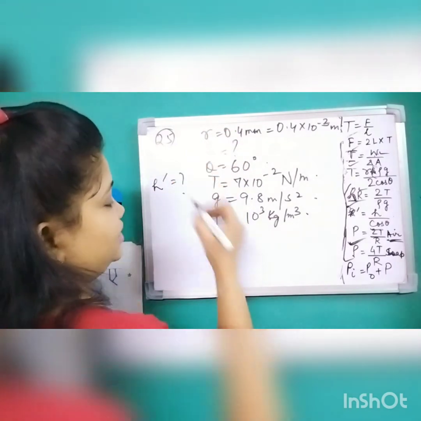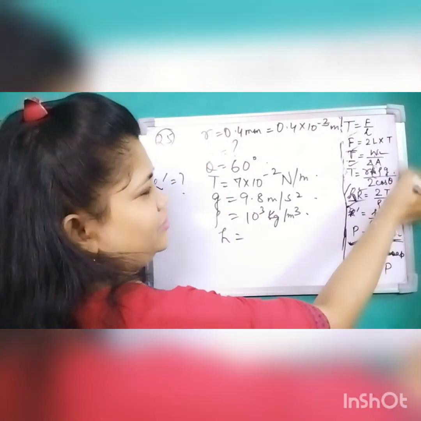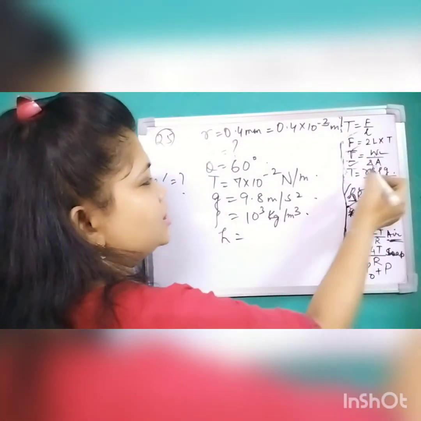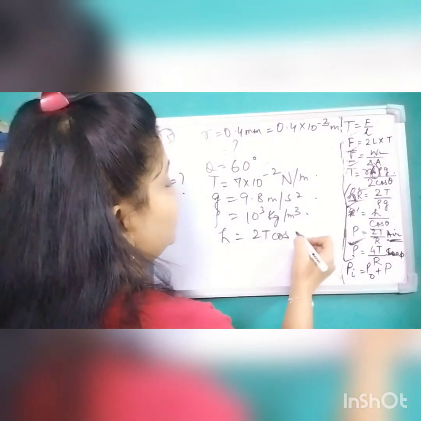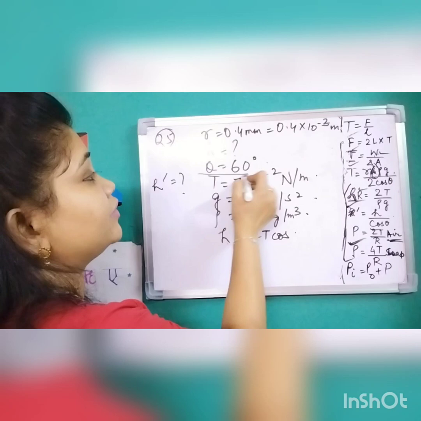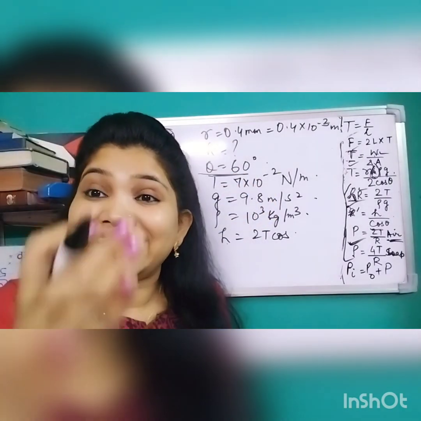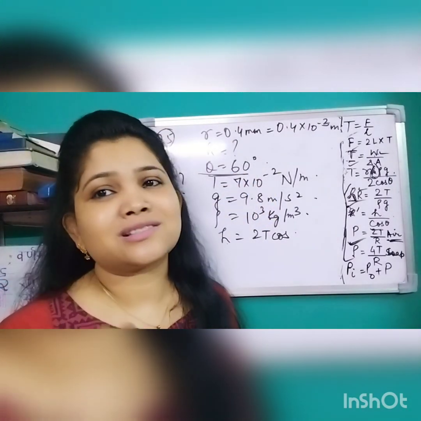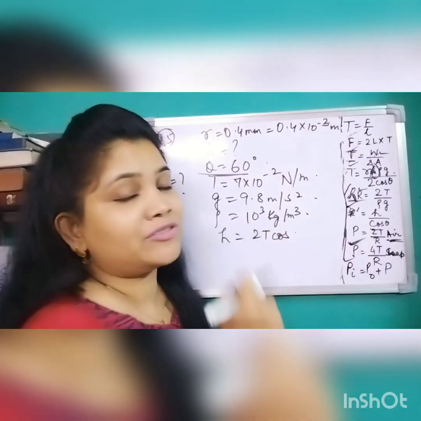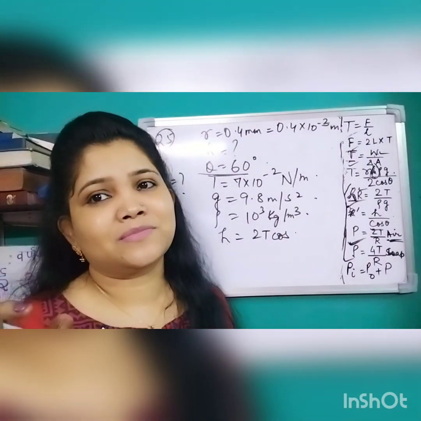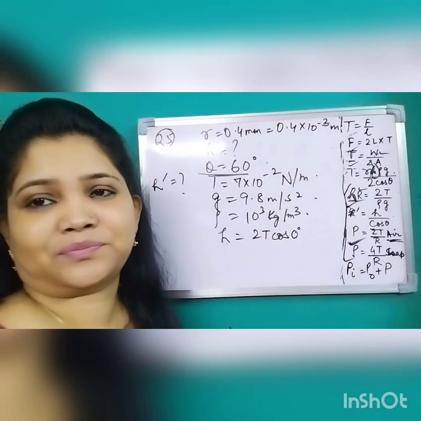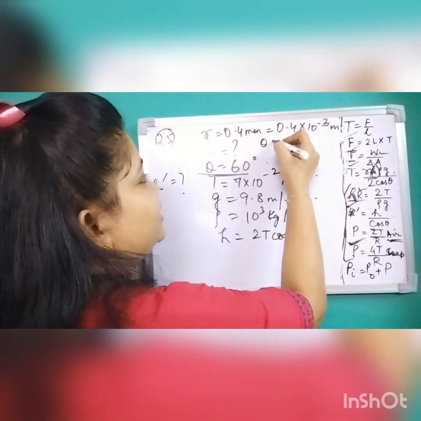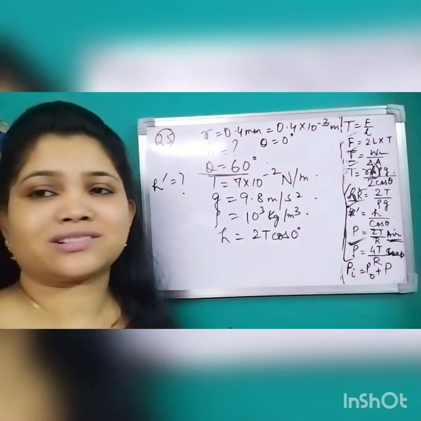So let's find H first. Obviously, we can just put it in this formula. H will be 2T cos theta by R rho g. Now, one theta is given, and this theta is for when it is inclined. So what theta do you have to put here? It is kept vertical, so theta is 0 degree. In the first case theta is 0 degree because it is kept vertical.